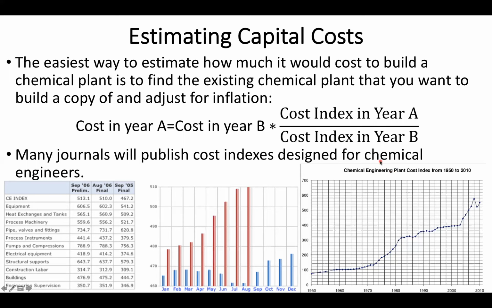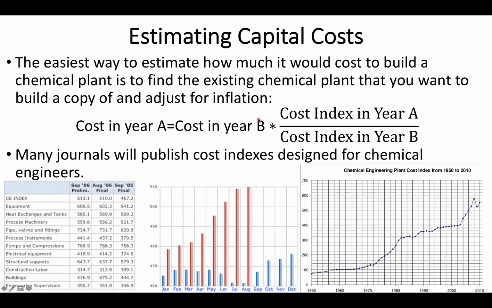These include such things as overall plant cost indexes, usually provided by year, but you can also have itemized costs, which look at the inflation rates for individual things such as machinery, structural supports, labor in several different categories, and buildings. So using these itemized or overall costs, usually you can get a pretty good idea of how much it may take to build a new plant.